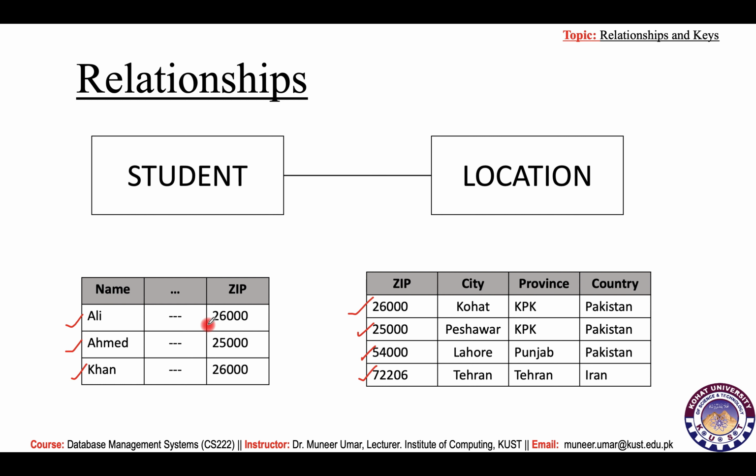Now if we look at Ali, this Ali belongs to Kohat, and if we look into this table, there is no Kohat entry against Ali. So how can we get this?